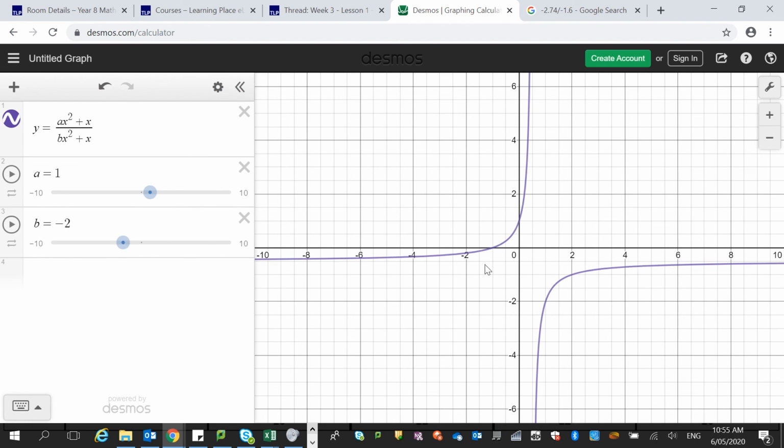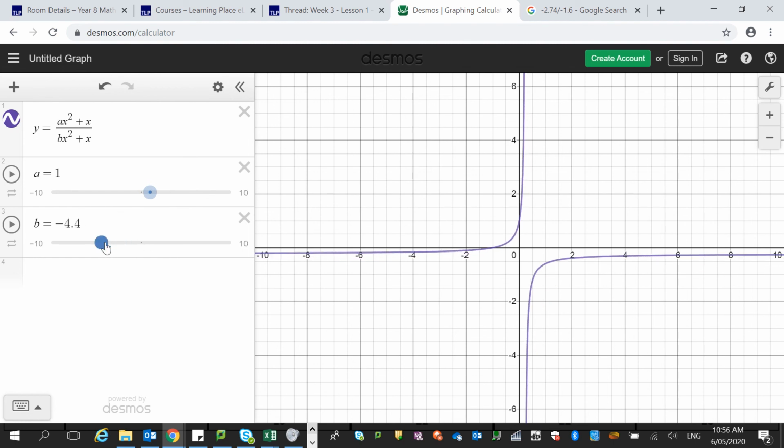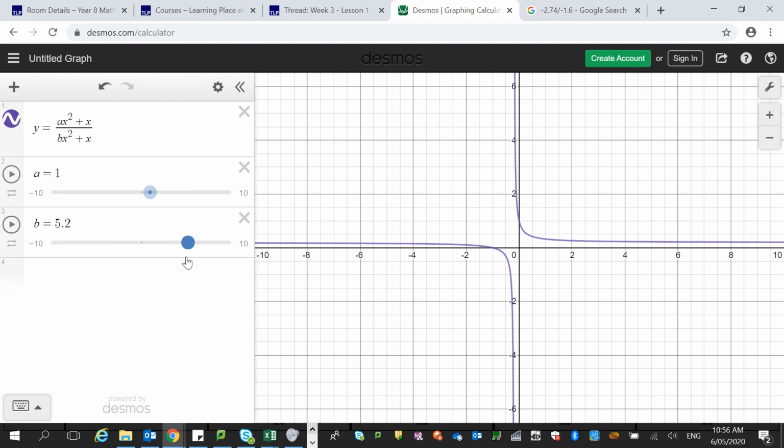It's going to be negative a half, and we can see that's kind of where we're going. If we make B negative 5, it'll be 1 divided by negative 5, which is negative 0.2. There we go. And if we make B 5, it'll be 1 over 5, so 1/5.